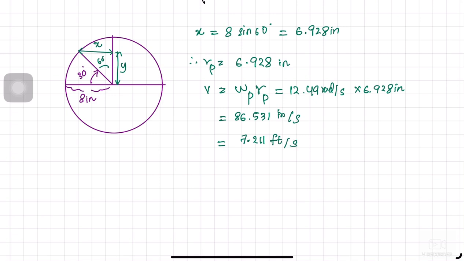For the tangential component of acceleration, AT equals alpha P times RP.